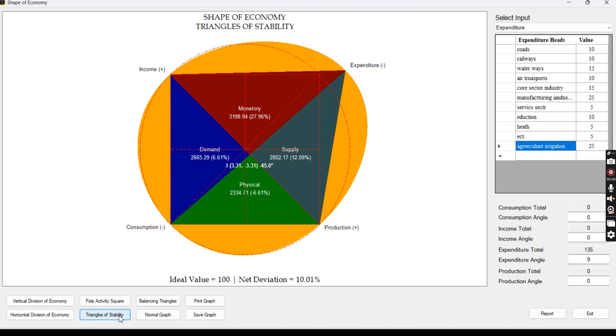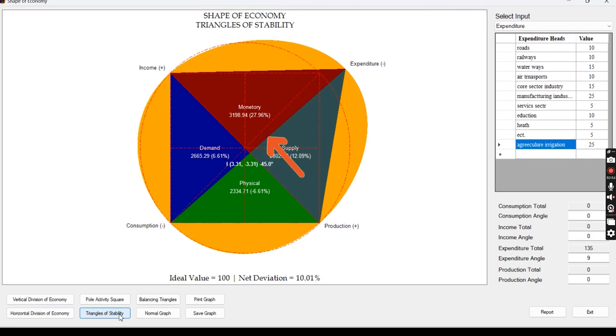Now you have a clear idea of demand, supply, the availability of physical goods and services, and how much monetary inflation, or how much liquidity, was available in the national economy earlier and now.